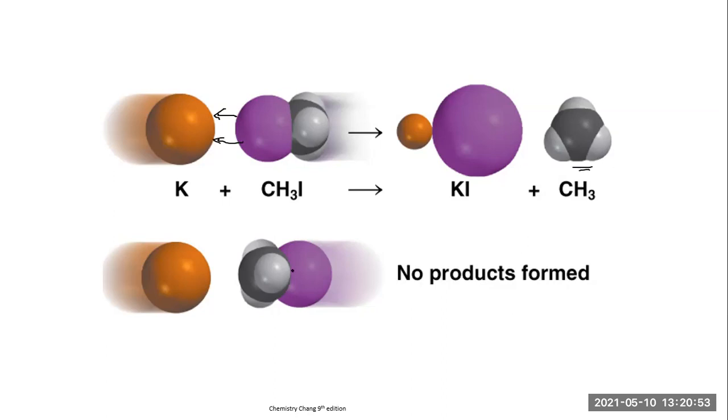Now, if these same two things collide, versus this is the carbon side, basically, and this is the iodine side on this side. And if these two guys collide with the carbon side coming in, we actually will not get products formed. So again, just because we get collisions does not necessarily always translate into products being formed.